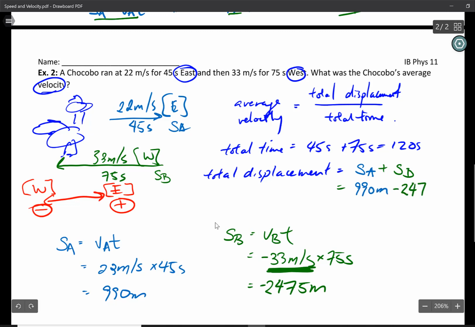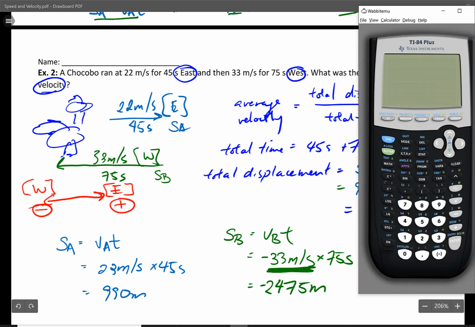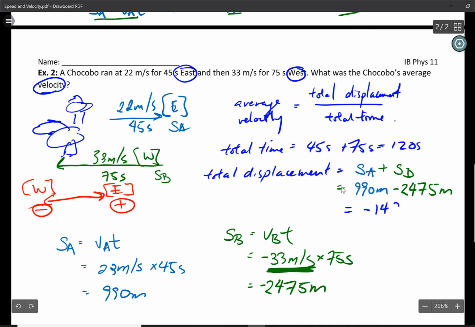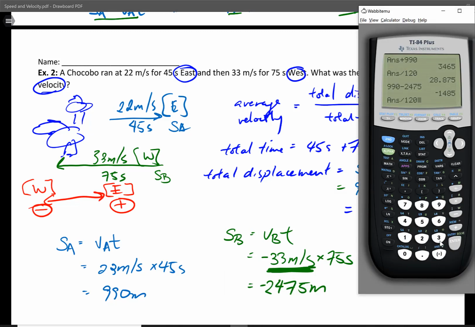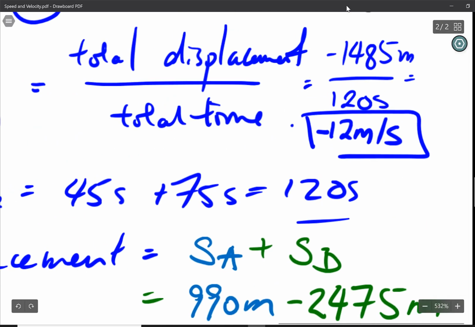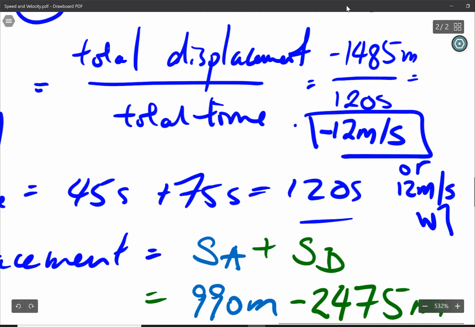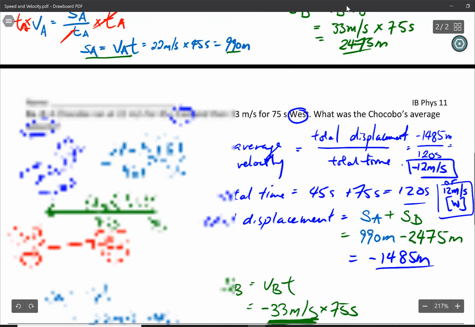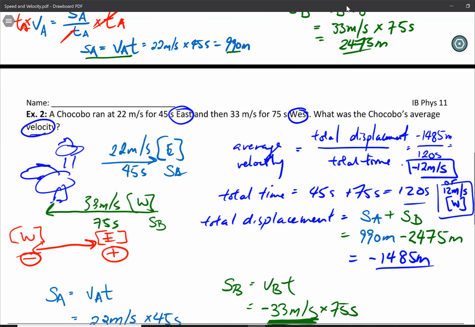Now if we add the two together, we're going to get a negative value because the 2475 is negative. Now, when we calculate our average velocity with a negative displacement, we're also going to get a negative average velocity, which we put a negative sign in our answer, or we can just say the actual direction itself, west.